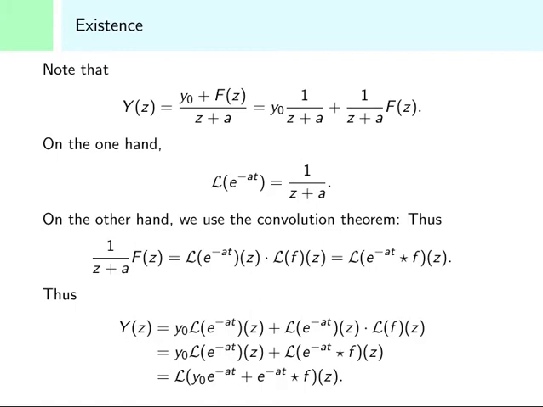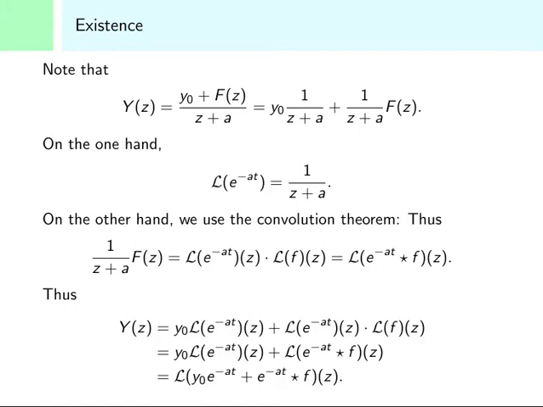We have that Y of z equals y naught plus F of z divided by z plus a. To simplify that, we divide this fraction. This fraction is the sum of y naught times 1 over z plus a plus 1 over z plus a times F of z.